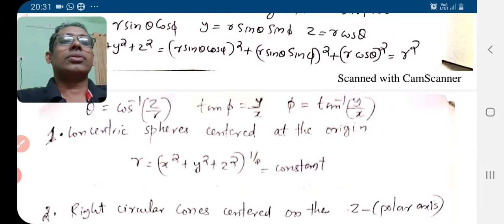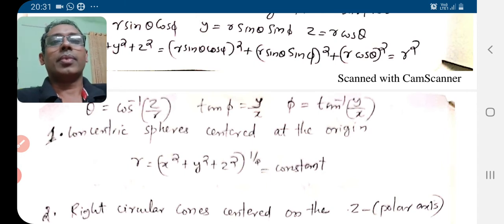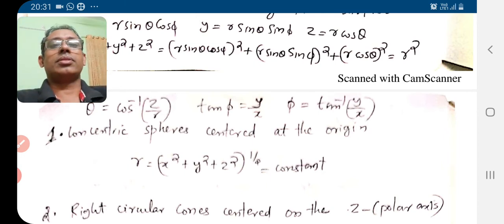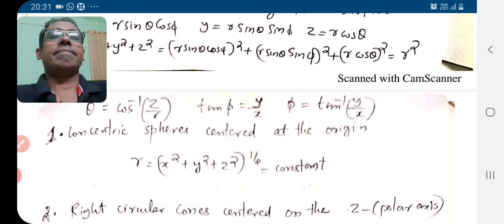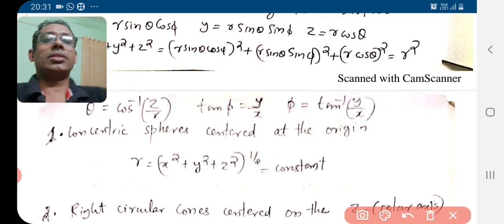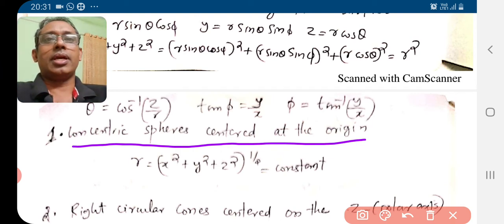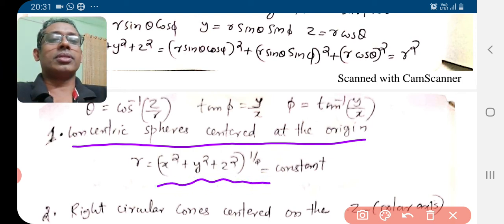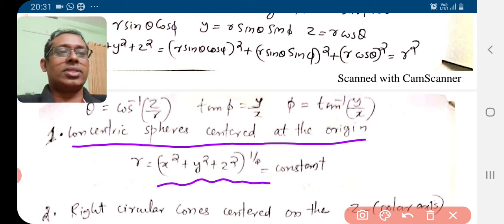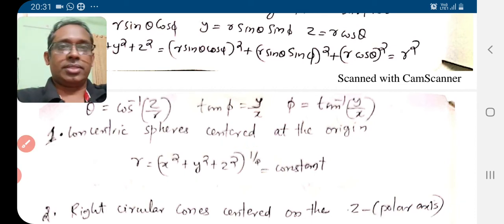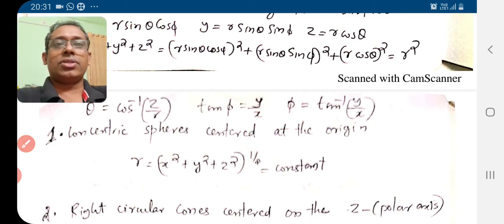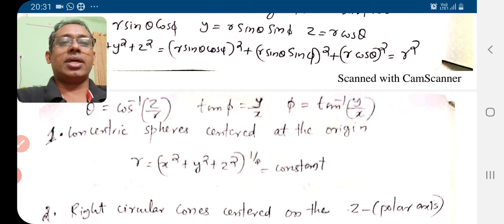So this is phi and this is theta. So what are the three surfaces? The first surface is concentric spheres centered at the origin, r equal to x square plus y square plus z square under root, which is a constant. That is the surface of a sphere of radius r.